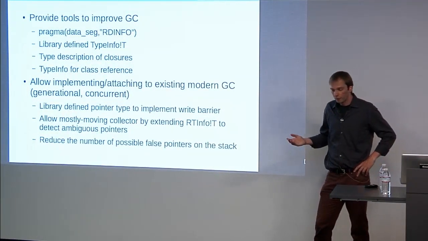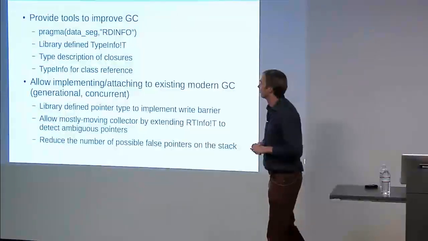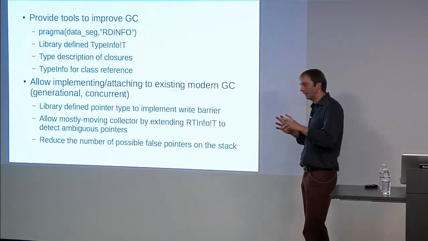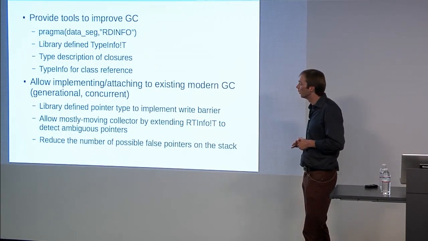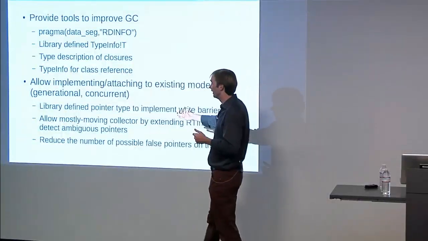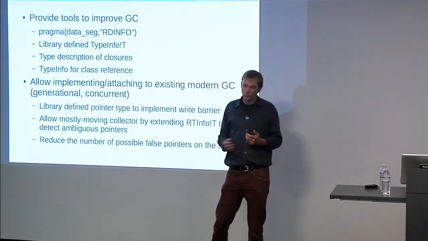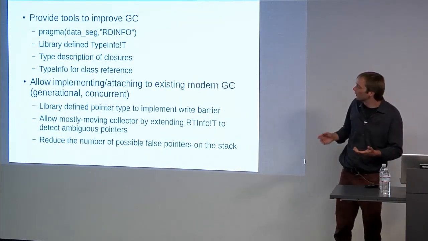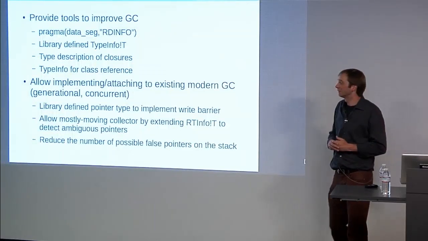write barrier for pointers to record changes, so the garbage collector can keep some consistent view of the current state of memory. And to implement that, it would be necessary to have some kind of library-defined lowering of pointer types.